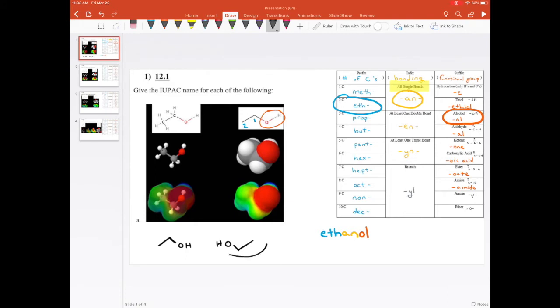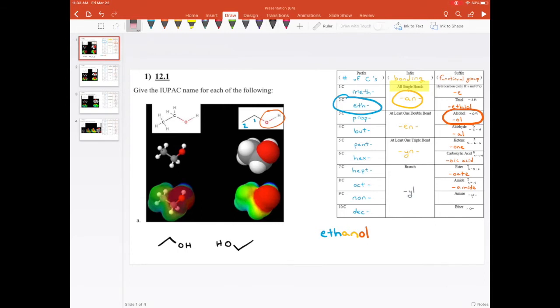Just imagine rotating this 180 degrees, and you'll end up with the molecule on the left. So because no matter where you put the OH, you end up with the same molecule, you don't have to say where it's attached. But that's the technical rule.